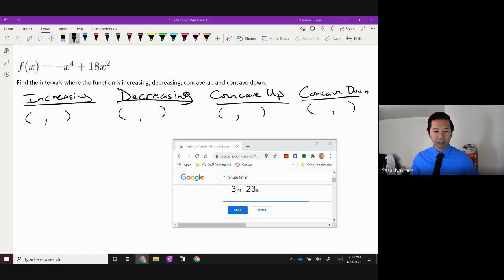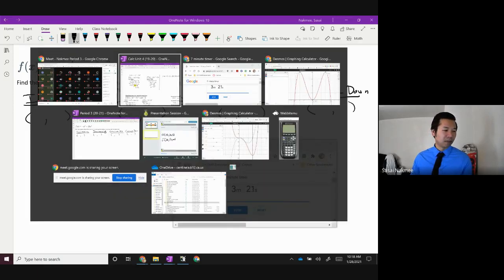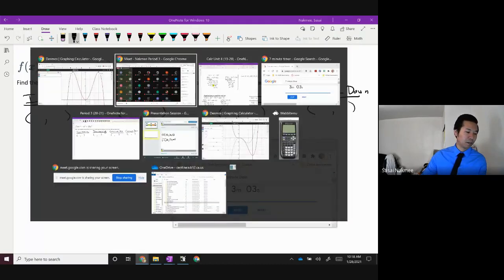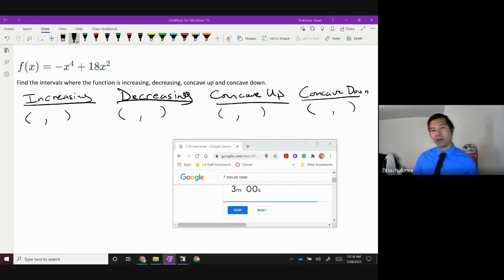That's a little bit difficult. Yep, 3 intervals, I think, in total for concave up and concave down together.